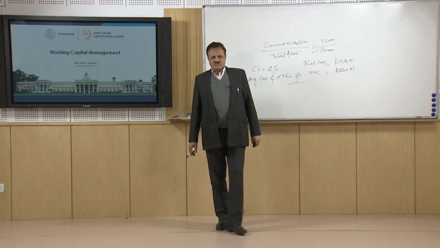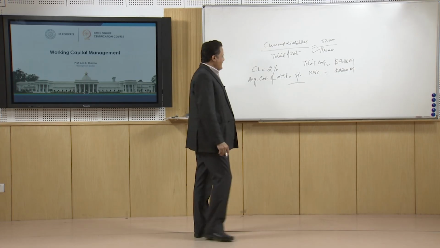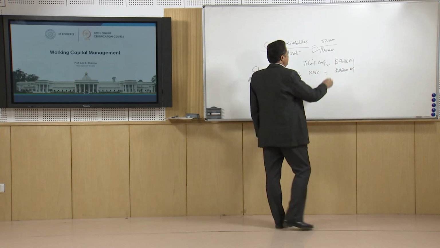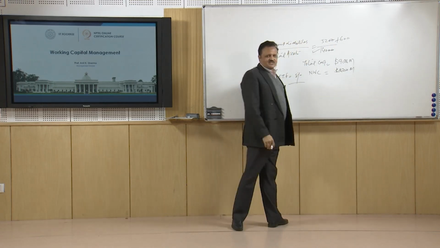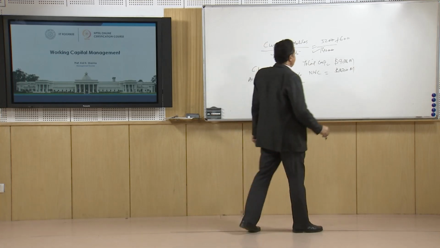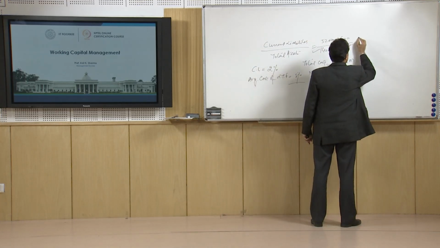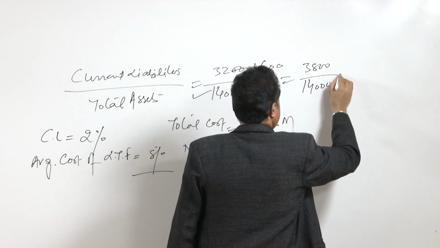Now we make a change, like we change the ratio by adding $600 million coming from the short term sources. So, the short term sources will now become 3,800 and total assets are 14,000. What is the new ratio?